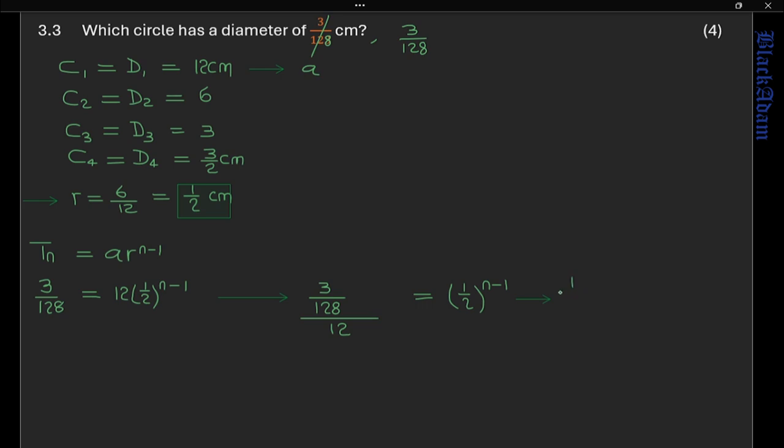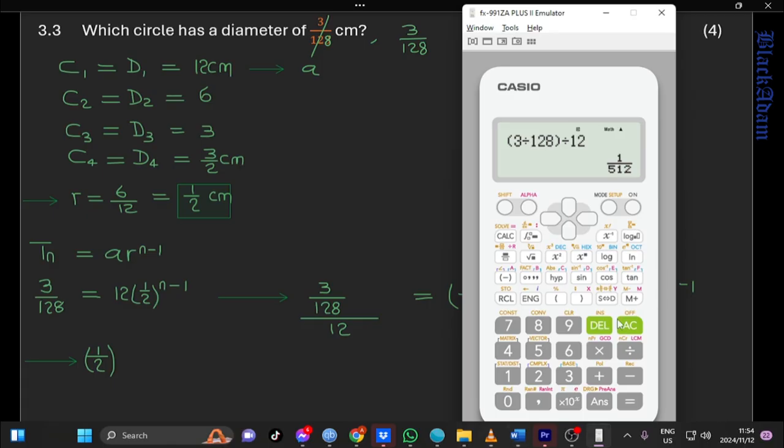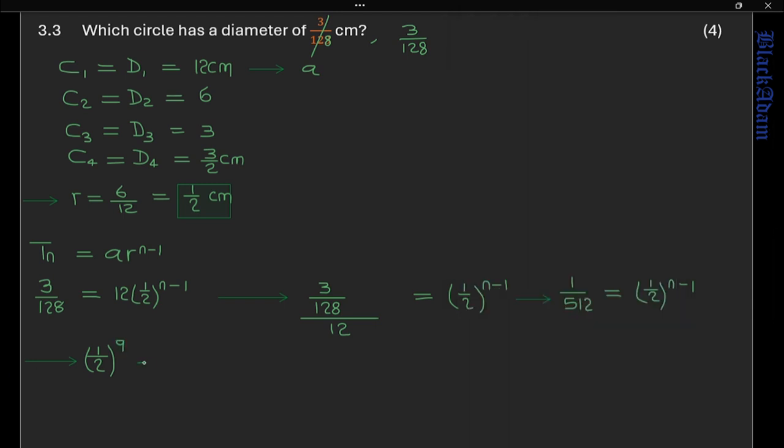So 1/512 is equal to 1/2 to the power n minus 1. We have to find out: 1/2 to the power 8 is 256, and 1/2 to the power 9 is 512. So 1/2 to the power 9 is equal to 1/2 to the power n minus 1.